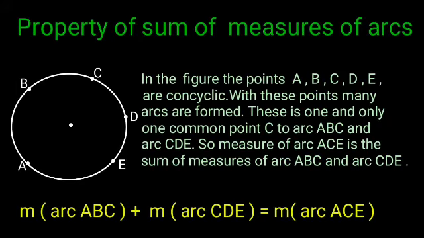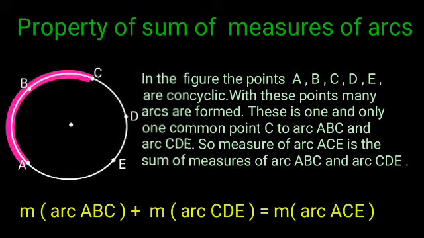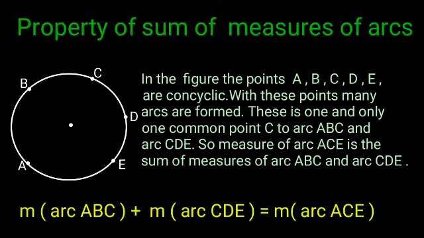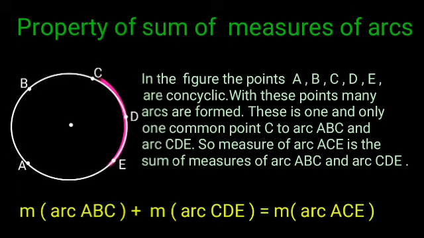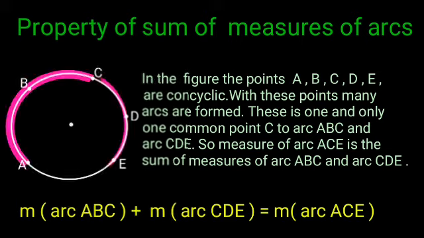Property of sum of measures of arcs. In the figure, the points A, B, C, D, E are concyclic. With these points, many arcs are formed. There is one and only one common point C between the two arcs ABC and CDE.